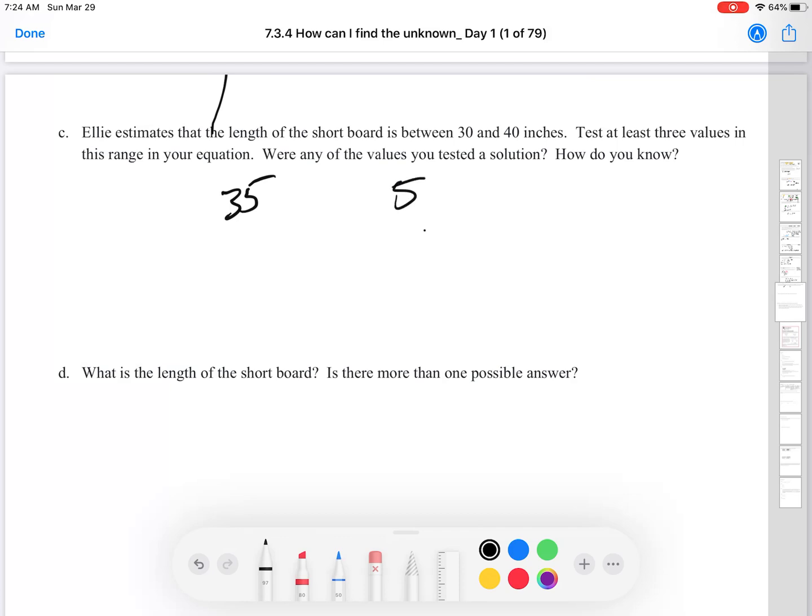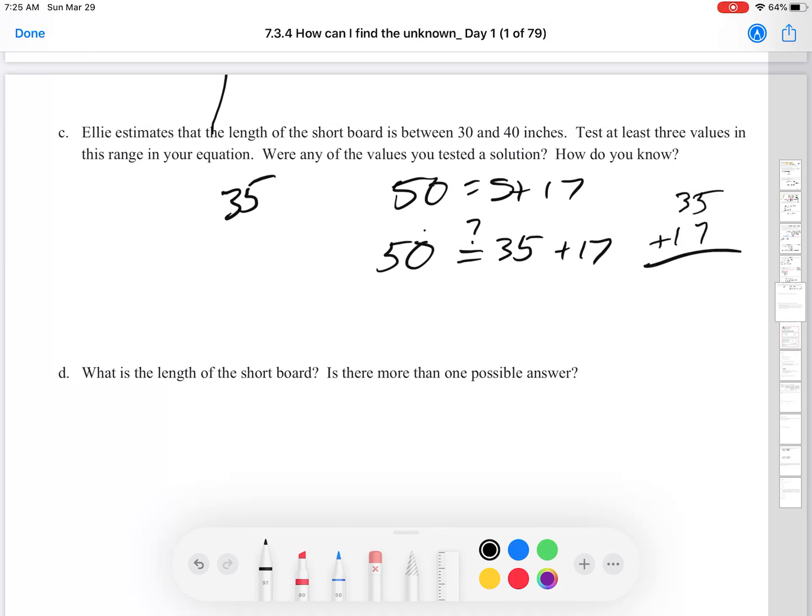Our equation, remember, is 50 equals S plus 17. Right? So what we would do is test that in there. 50 equals 35 plus 17. Well, I shouldn't say that they're equal because I don't know for sure. I should check it. 35 and 17, 52.